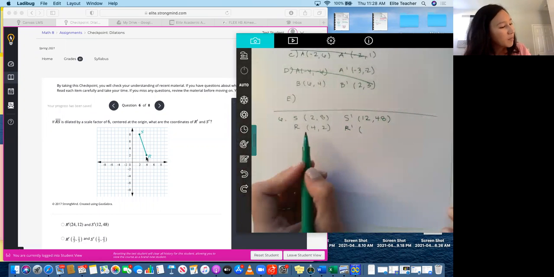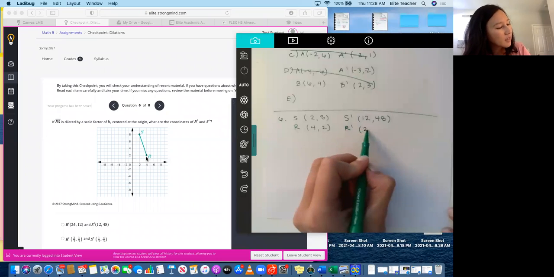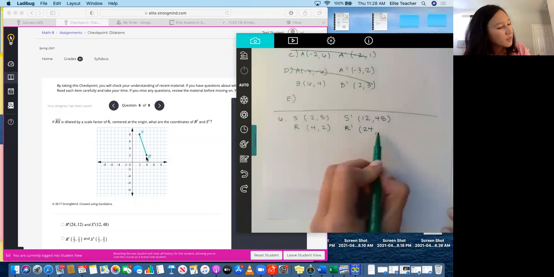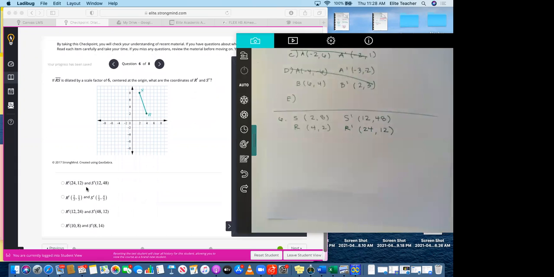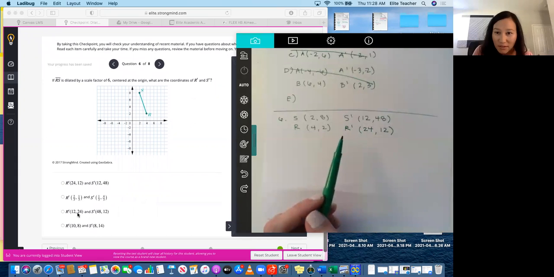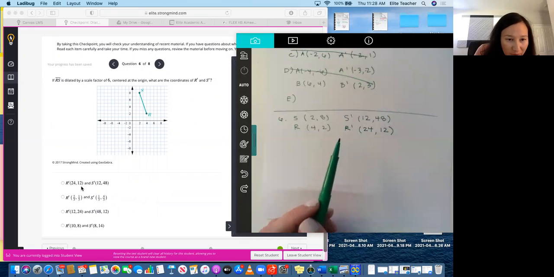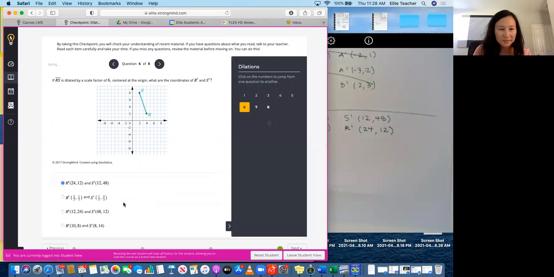And for R prime, 4 times 6 is 24. 2 times 6 is 12. Not so bad. So then we have 12, 48 for S and 24, 12 for R. So for me, it's the first one. So R prime is 24, 12 and S prime is 12, 48.